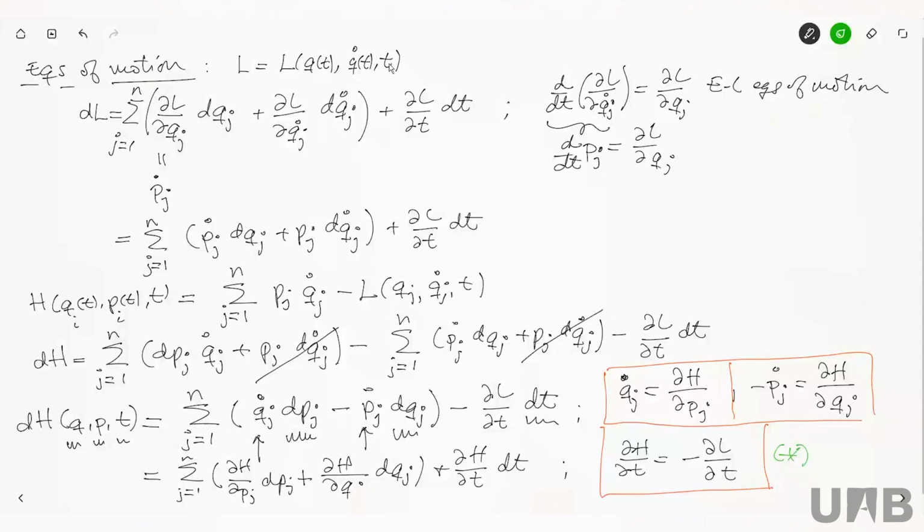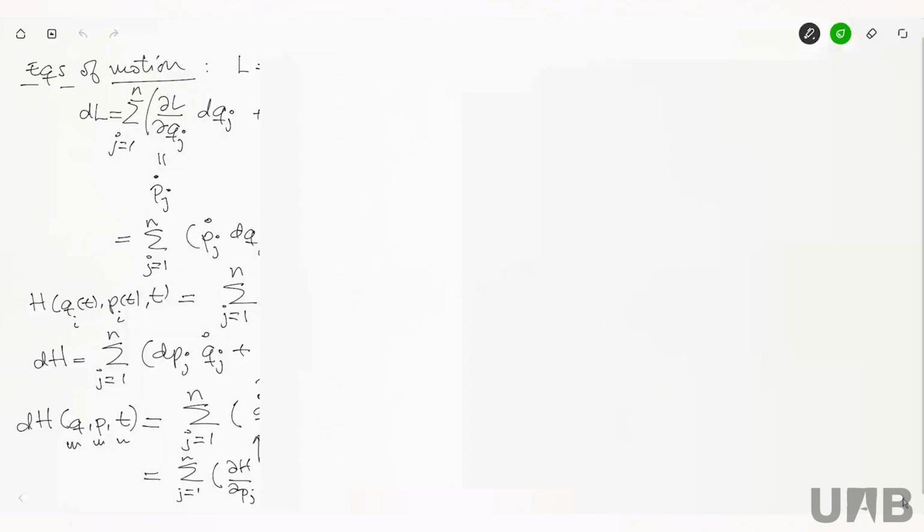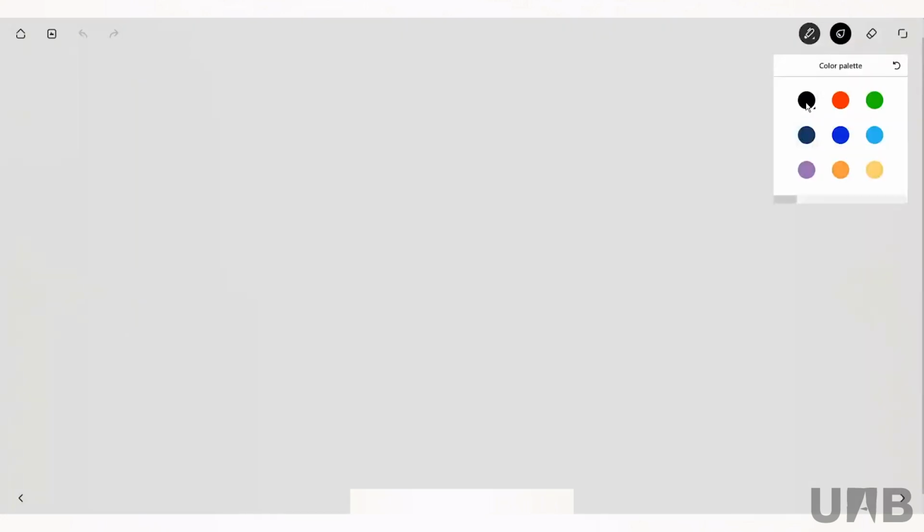And remember, this had to do with the fact that the constraints would have explicit time dependence. So if the Lagrangian does not have explicit time dependence, then the Hamiltonian doesn't either. If this one is 0, this one is also 0, straight away, directly.